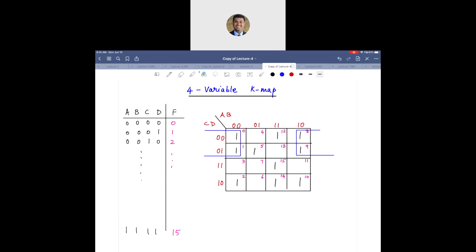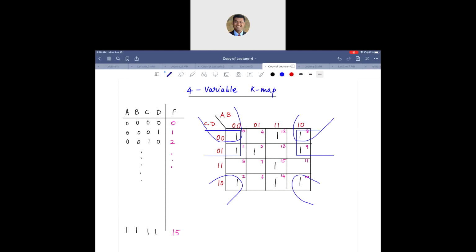That's my first group. Edges wrap around. The 4 corners, absolutely right. So I'll make the 4 corners here. 1, 2, 3, and 4. So the 4 corners are done. Cell number 0, 1, 8, 9 are done.